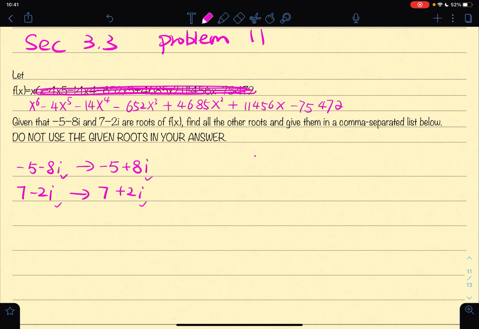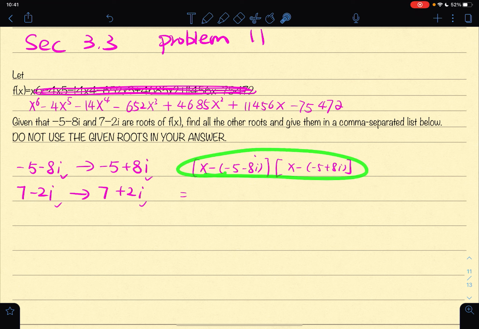The whole reason conjugate solutions appear in pairs is that there's some kind of beautiful cancellation going on. So let me just show you very quickly what that cancellation looks like. Hopefully when we do the division in pairs, it's going to be very simple to calculate. And here we go.